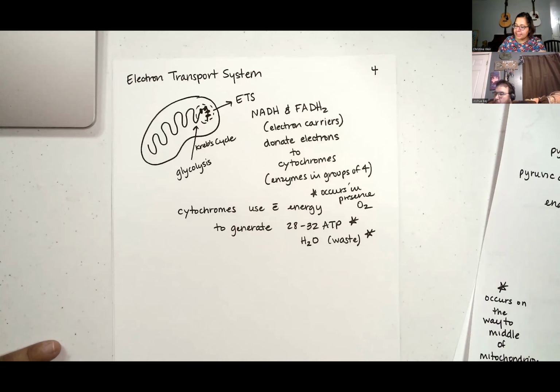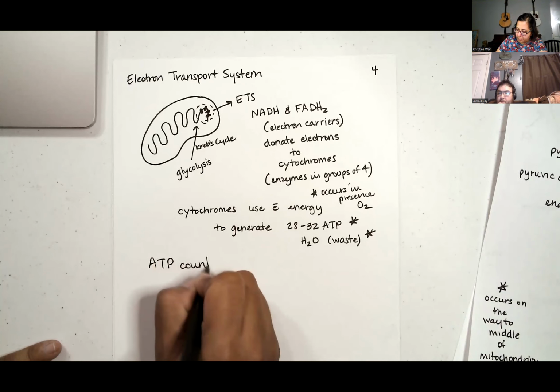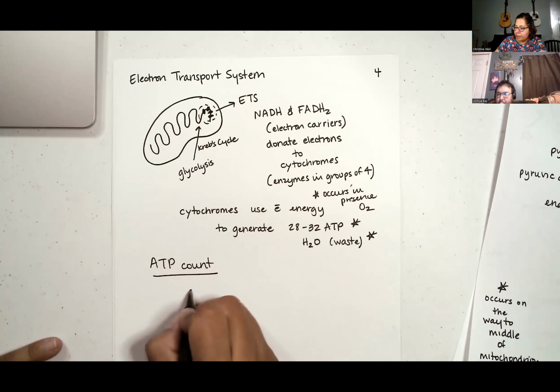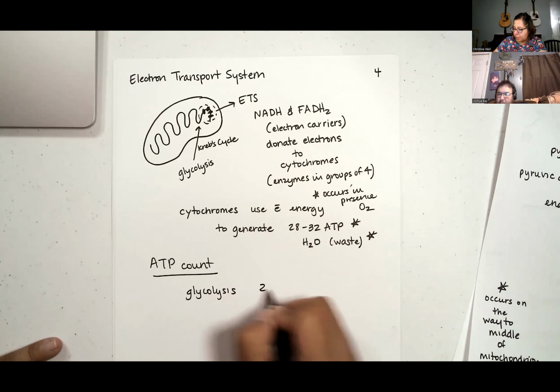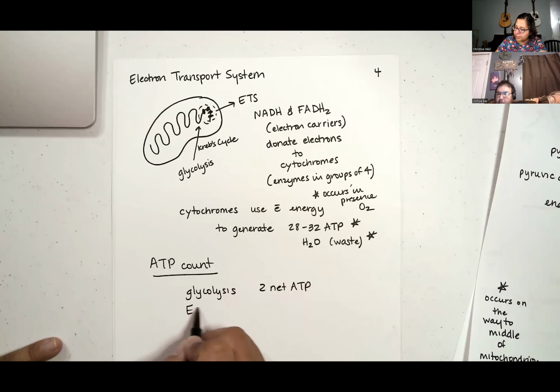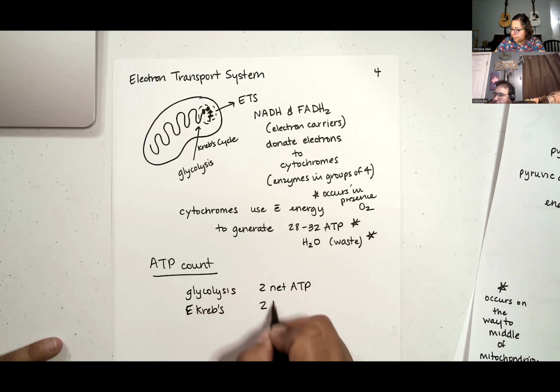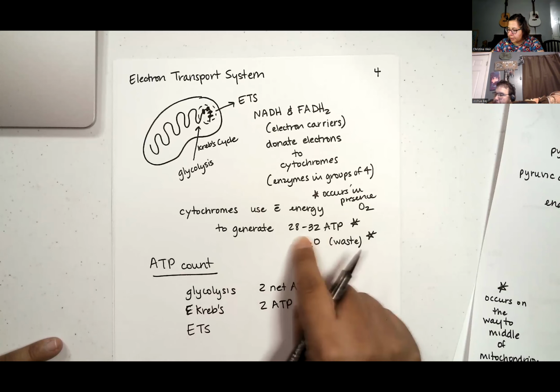So if you're counting ATPs, we've got 2 from glycolysis. From the Krebs cycle, we've generated another 2 ATP. And then from the electron transport, we have a range of them.